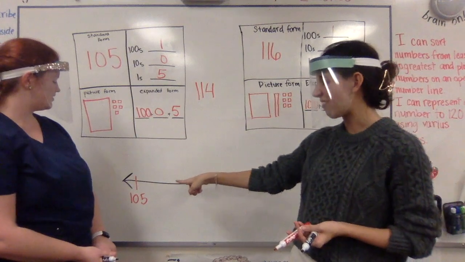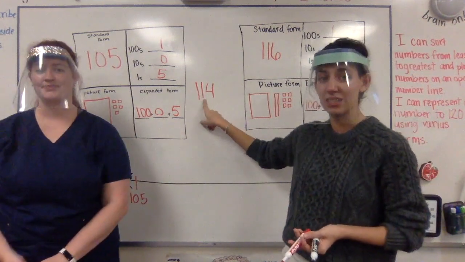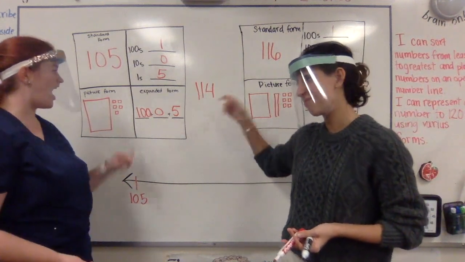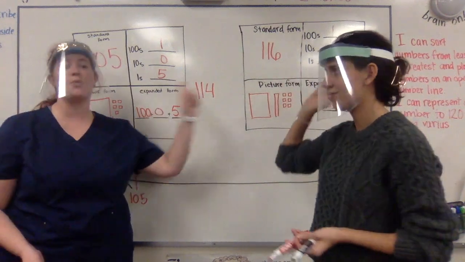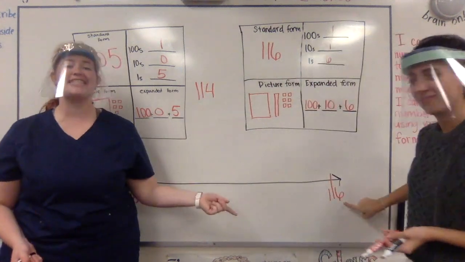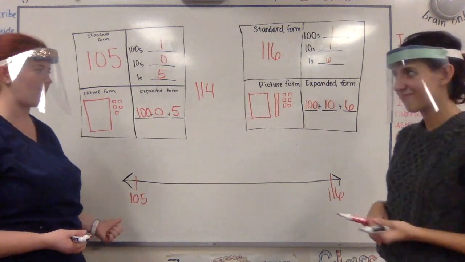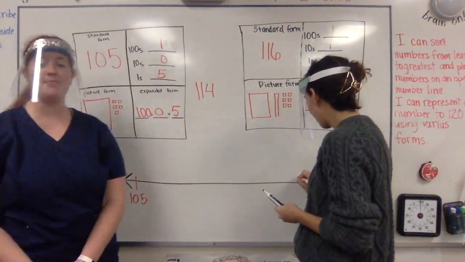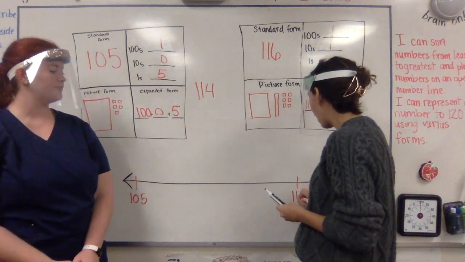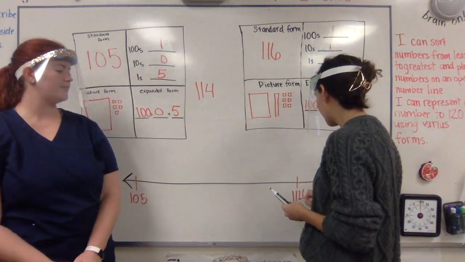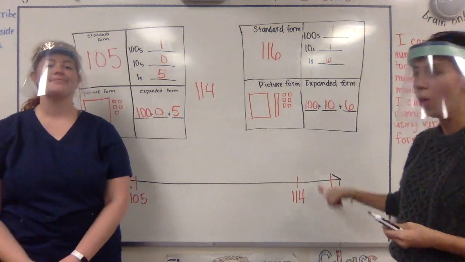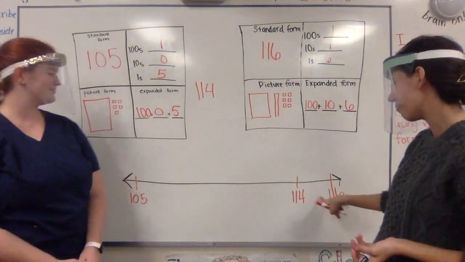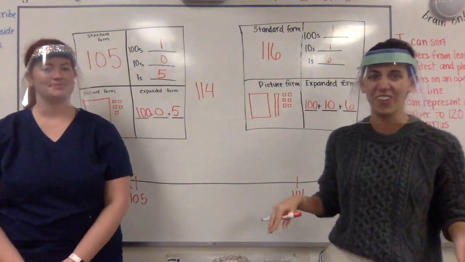But 105 has a 0 in the tens place. Yeah, that's right. I know that 114 is way closer to 116 than it is to 105. That's right. So we're going to put it much closer to that side when we put it on a number line. There's only one number between 114 and 116, and that's 115. So I'm not going to leave a whole lot of space at all.